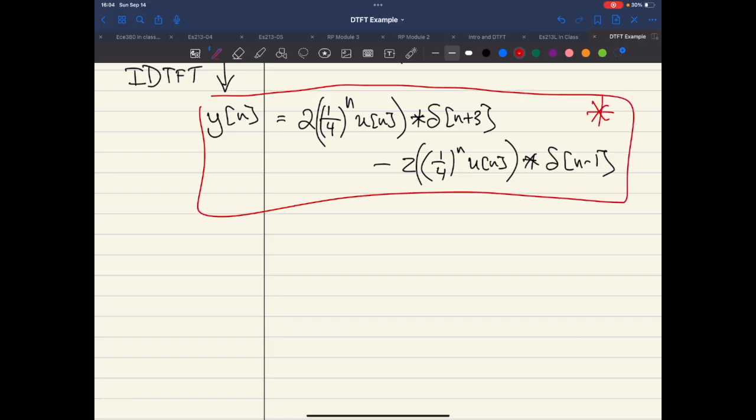Our output is this. All right, what does it mean for us exactly? Well, let's consider what we started with. Our input was a delta at n equals minus 3, right? And it had been scaled by 2. And I could almost peel off exactly what's happening with respect to the impulse response because of this bit of information here.